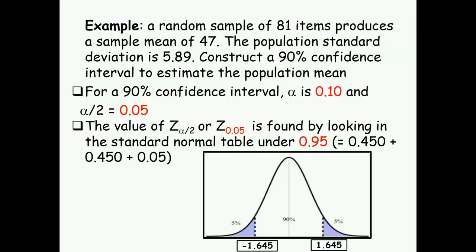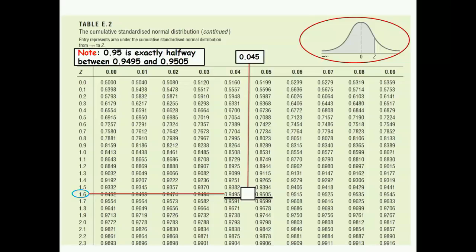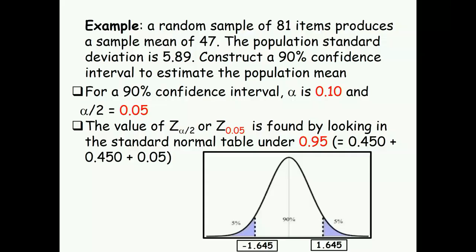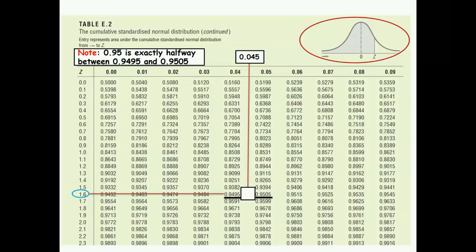For this question, I am searching for 5%, or maybe first the 95%. When I search for 95%, it is exactly in the middle: 0.94, 0.95, 0.95, 0.05, 5 less, 5 more. If it is not exactly in the middle, you take the nearest.